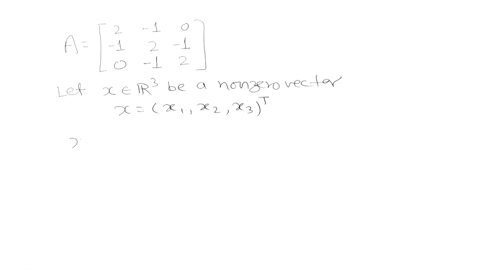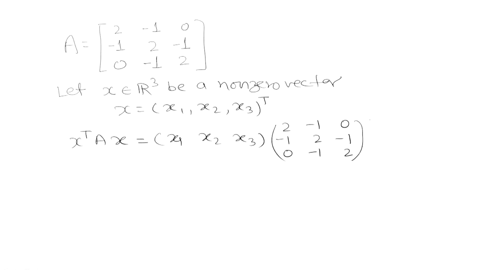Now x transpose A x will become x1, x2, x3 times the matrix 2 minus 1 0, minus 1 2 minus 1, 0 minus 1 2, times x1, x2, x3.